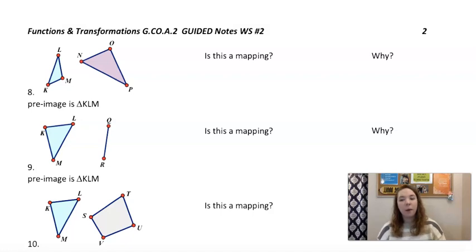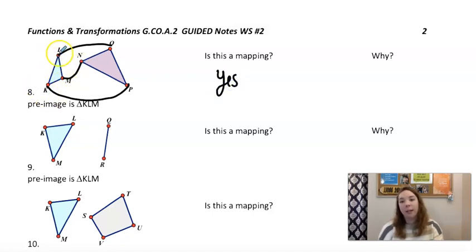So when we're talking about mapping things, we're saying that our blue is our preimage and our purple is our image. When we're mapping things, we can't have more points in the end. So here I could map L to O, I can map M to N, and I can map K to P. And it is a map because they all have one place to go.